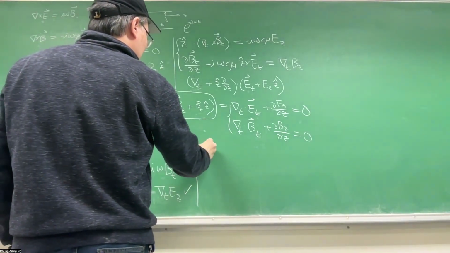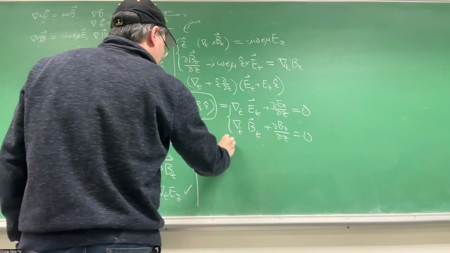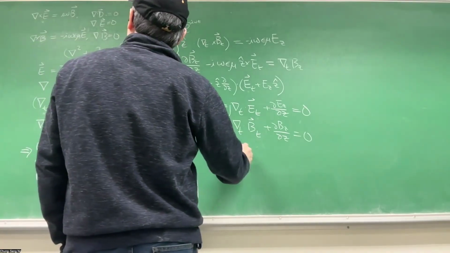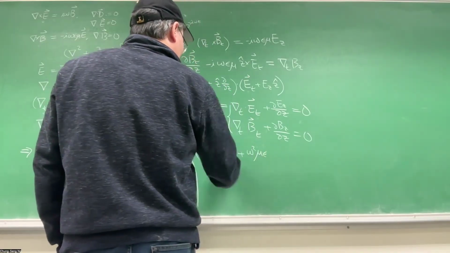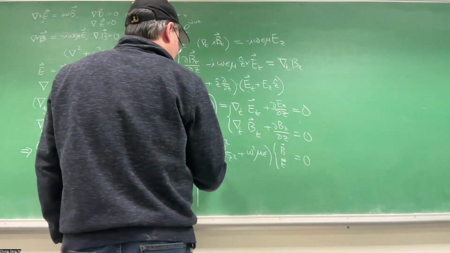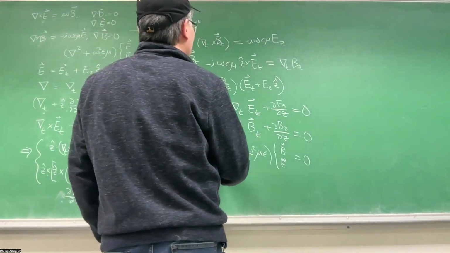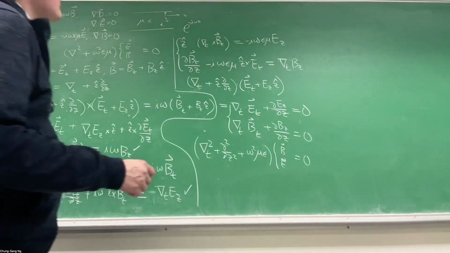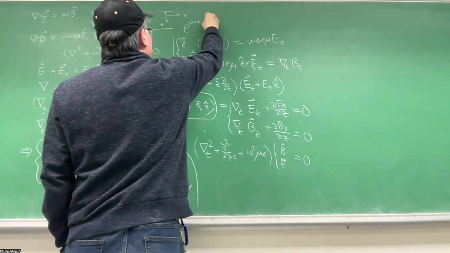Laplacian becomes the transverse Laplacian plus ∂²/∂z², and then plus that operator on E or B equals 0. Okay, so this is the wave equation. And one more simplification is if you consider a single wavelength or single wave vector, so this changes to plus or minus ikz. Right.